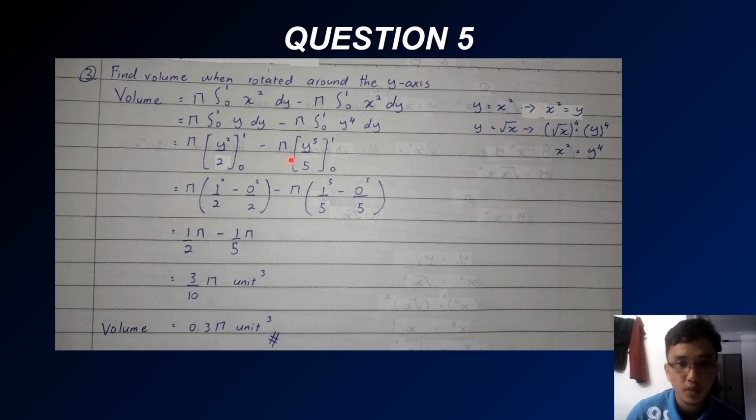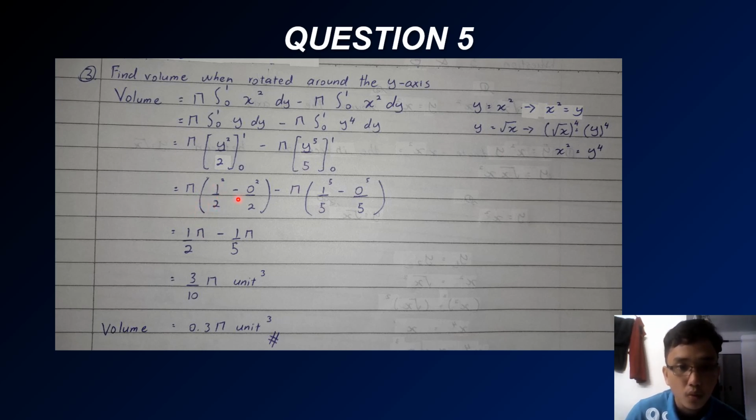Minus pi, and we integrate this: 4 plus 1 we get y power 5, and then divide by 5. Then we put the limits 1 and 0 into the bracket, and we just settle it and get this answer.